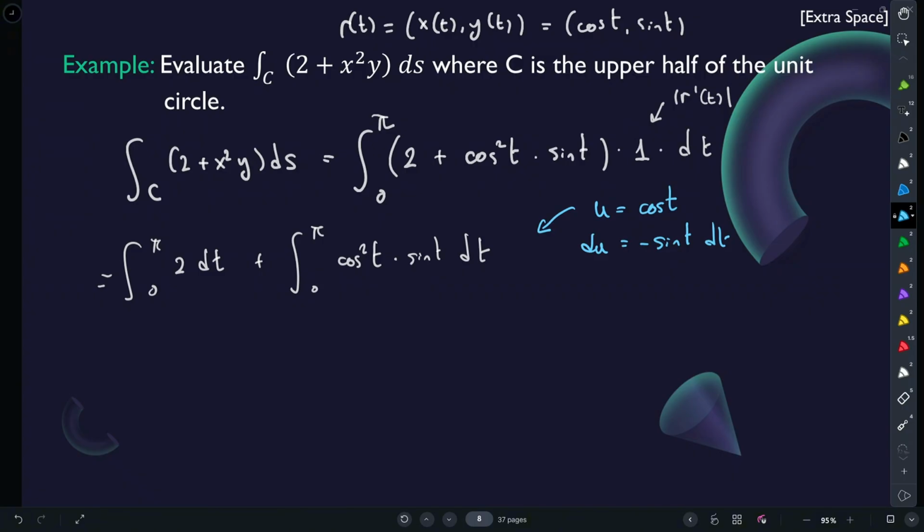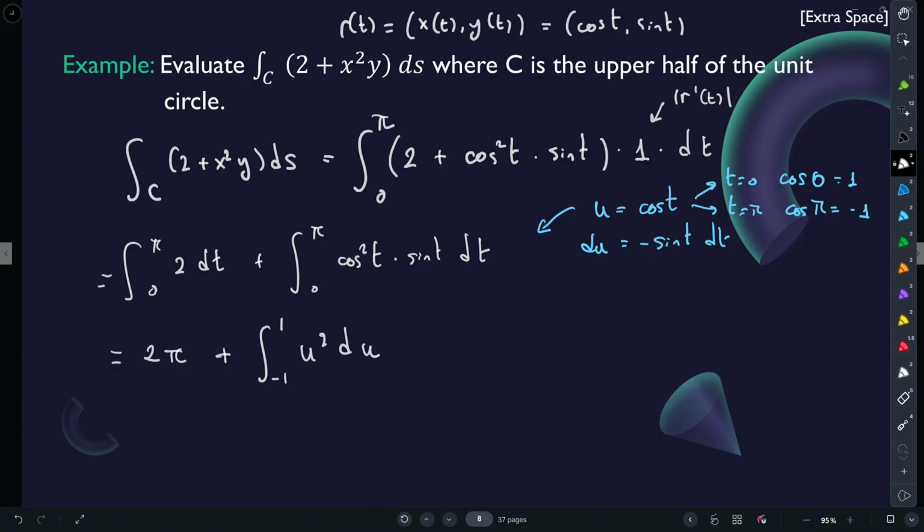Okay, and by the way, those are the limits: when t is 0, the cosine of 0 is 1. When t is pi, the cosine of pi is minus 1. So this integral becomes, let's just do this one, this is just 2 pi, plus, and this integral is going to become the integral from minus 1 to 1 of u squared du with a minus sign in front.